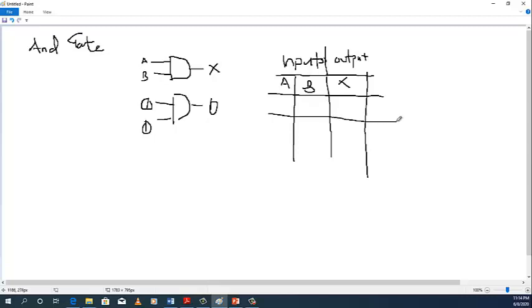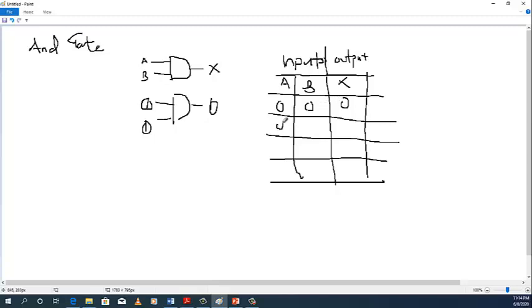So we have 4 possibilities on our truth table. Let me make 4 lines. We have 4 outcomes, which means that if a user inputs 0 and 0, our result is going to be 0.